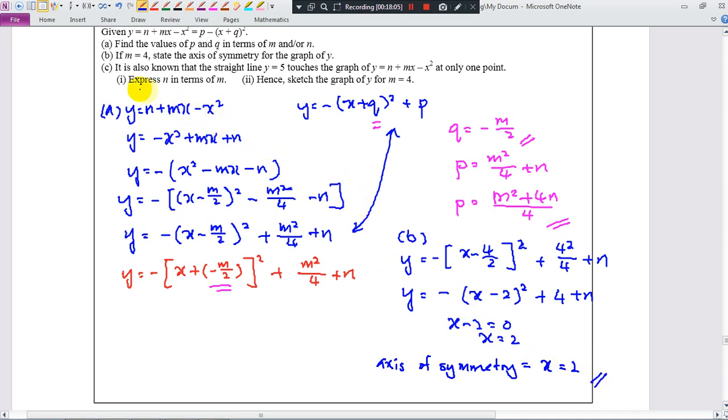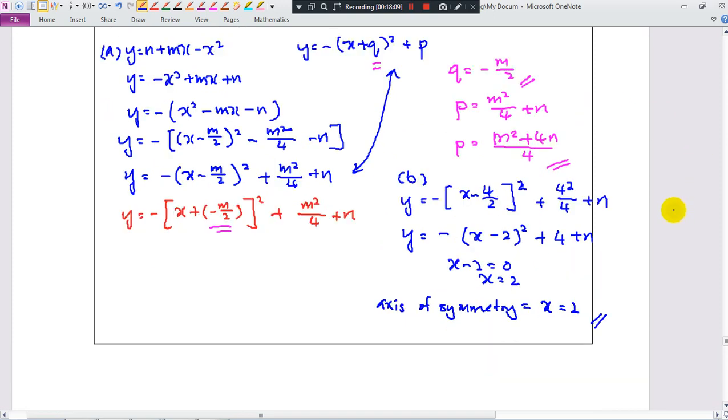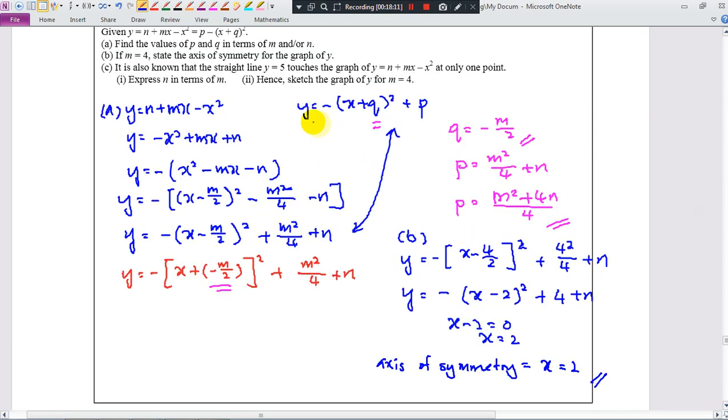Okay, go to the last one, C. So again, you can move a little bit, go down here. It's also known that y equal to 5 touches the graph at only one point. So express n in terms of m.